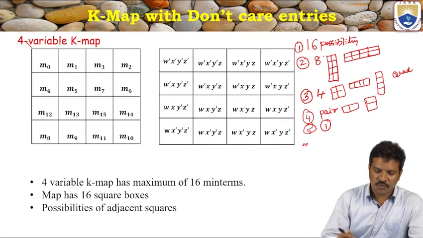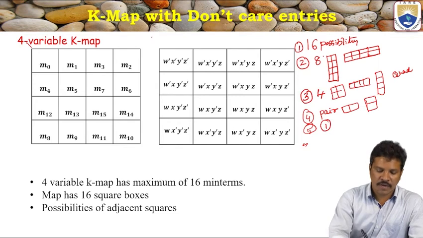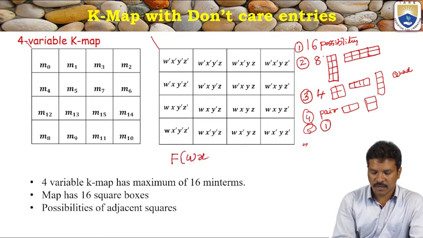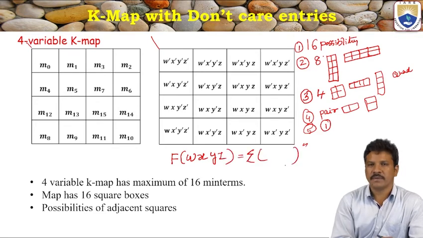So in this 4-variable Karnaugh map, if you take a function f of w, x, y, z, this is the function, and the minterms are represented with the summation.